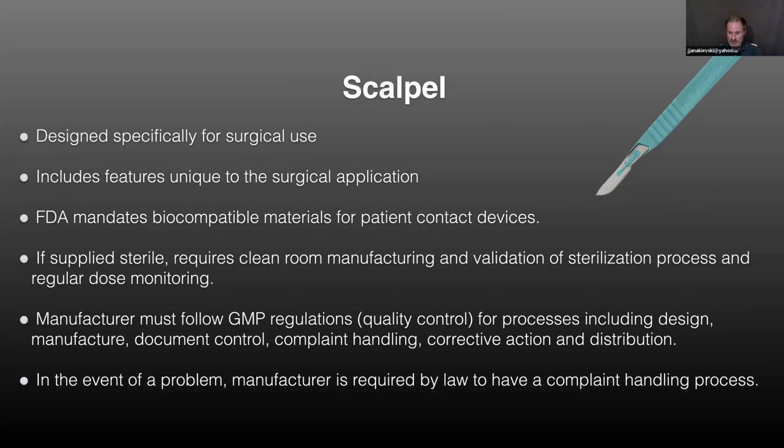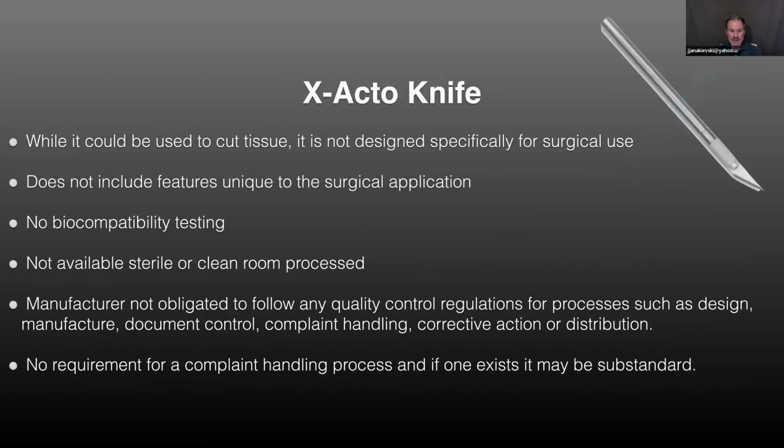So this is quality control for the manufacturer, and this includes not only the design process, but the manufacturing, document controls, complaint handling, corrective action, et cetera, all of that. If there's a problem and you, as the end user of the product, are concerned about it, the manufacturer is required to have a complaint handling process for a medical product. You compare that to a non-medical product, it's not required at all.